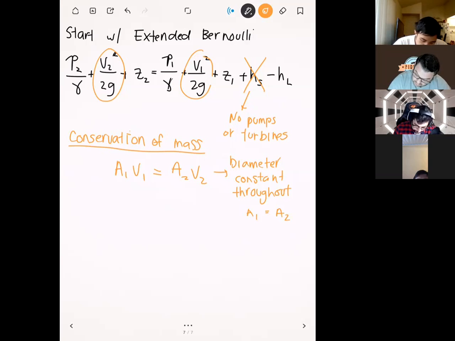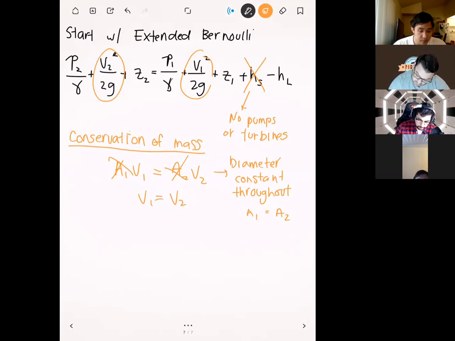So A1 is equal to A2, and those terms cancel out. What we're left with is that V1 is equal to V2. The velocity is going to be the same at the inlet as it is at the outlet, just from conservation of mass.